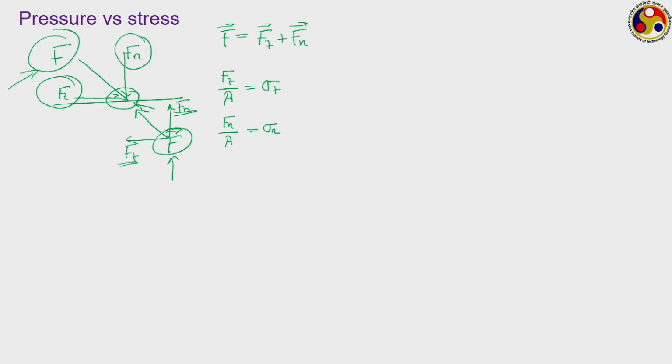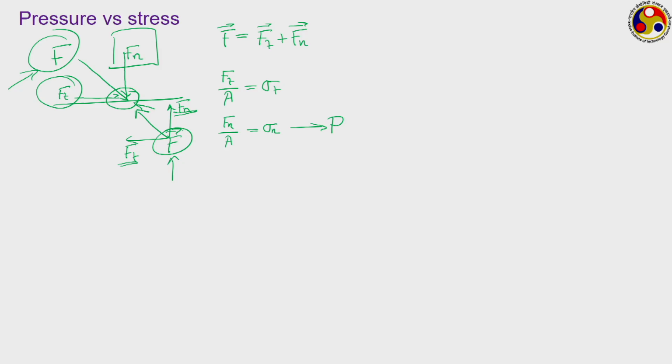So, stresses are internal forces, or the result of internal forces, which are trying to resist the deformation of the body, whereas pressure is purely an external one. And if we continue with this diagram, then pressure actually is the normal component of the imposed force, that is, Fn per unit area. The magnitude of pressure will be this particular one itself.